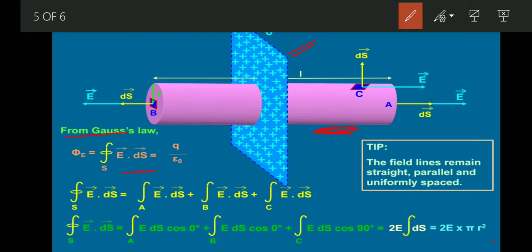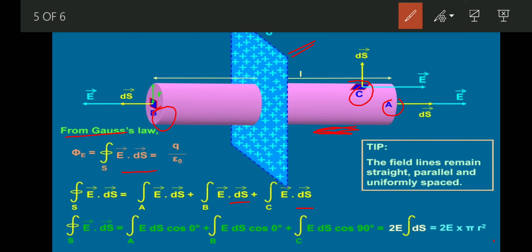Again we divide the Gaussian surface into 3 parts, A, B and C. So E dot ds A, E dot ds B, E dot ds C.